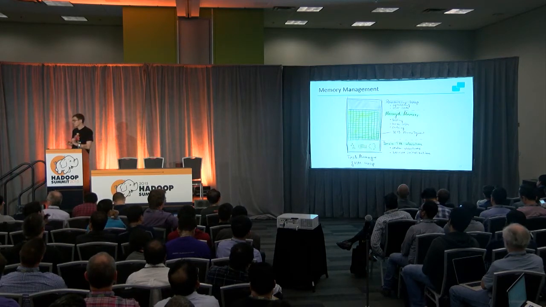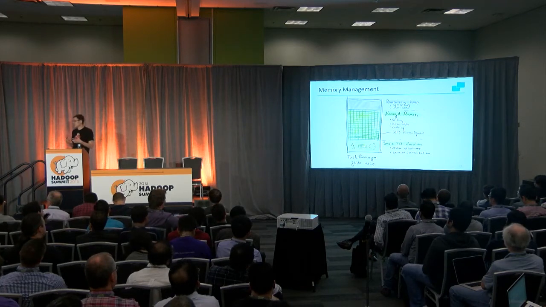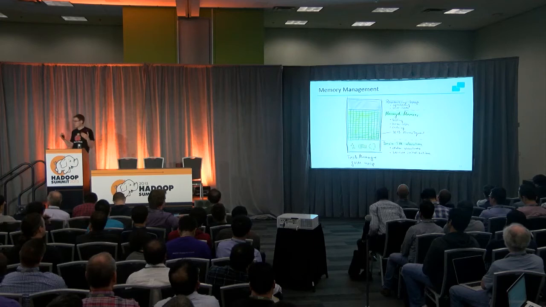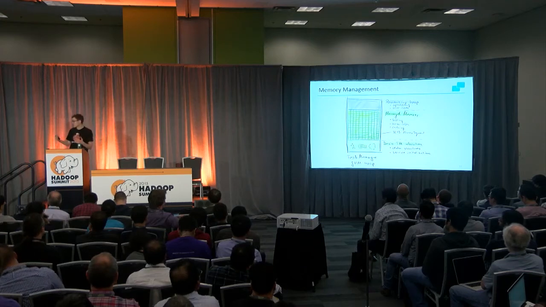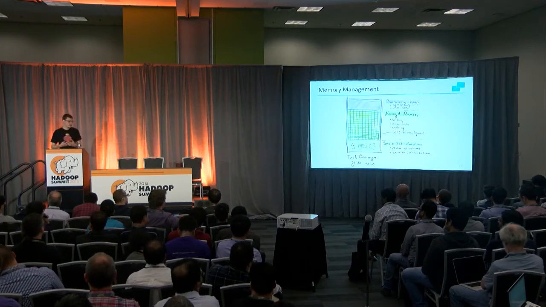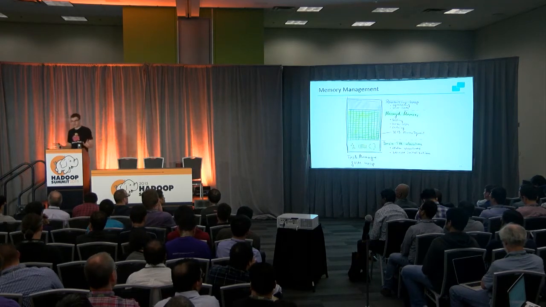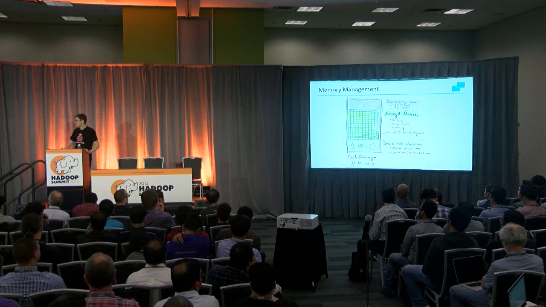So when you start a Flink worker, they'll allocate 70% of the available heap space that we'll manage ourselves. So the garbage collector doesn't need to take care of that. And then the internal operators will put user data into this managed memory to perform sorting operations or joining operations.